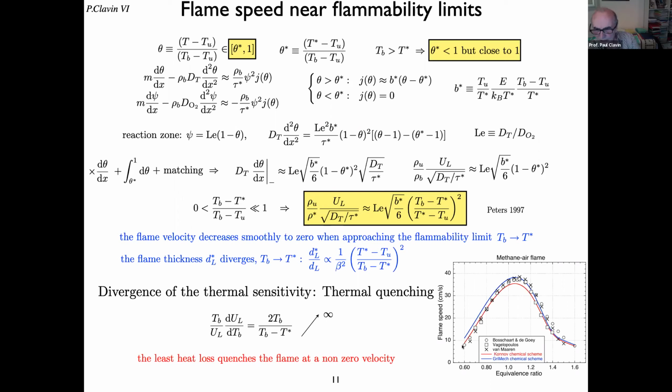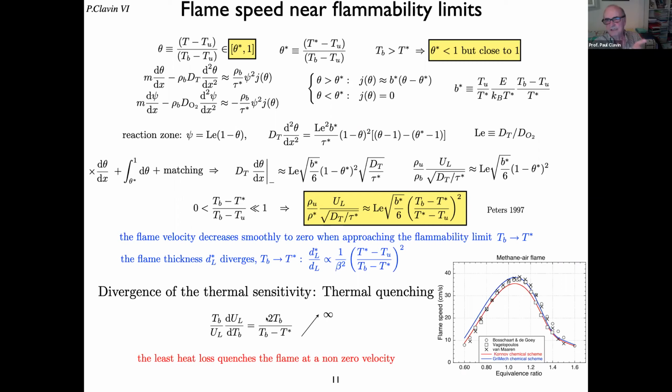You see, if I extrapolate here, I will have a flame speed 0 for 0.5, something like that. It turns out that there is a thermal quenching before this, because the overall activation energy, in a sense, is large.